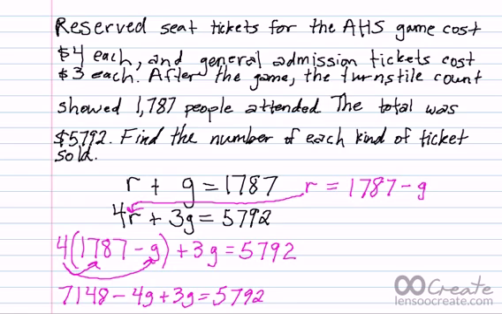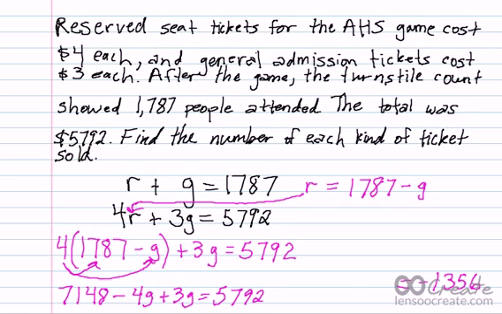Remember, we're trying to solve for G. So I'm going to subtract 7,148 from both sides. That's 5792 minus 7148, which gives me negative 1,356. But look what else I have: negative 4G plus 3G.